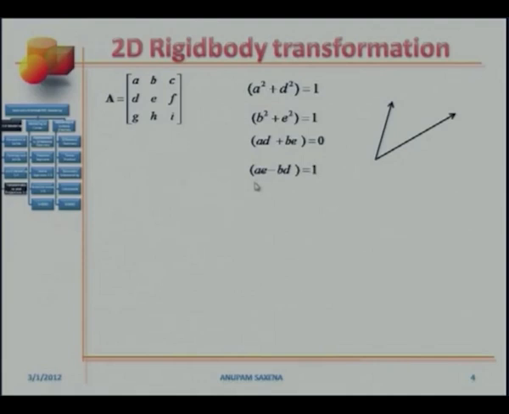And the fourth was a times e minus b times d equals 1. We had additional conditions. G, this element here, equals 0, and H equals 0. We did not say anything about the element I.